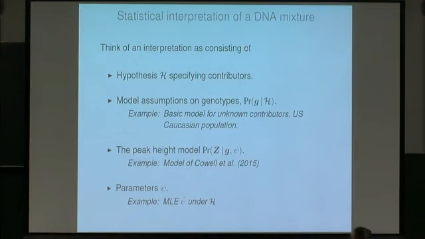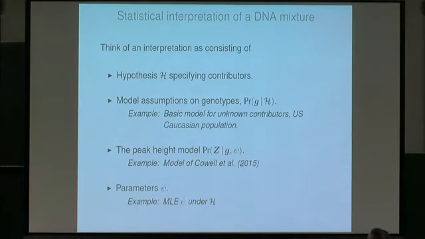Then I need to say which model I have used for the measurement process, so the peak height model. And I could take my favorite model, because this is the one I've been involved in, but I could also take maybe any other one, Roberto's or David's.